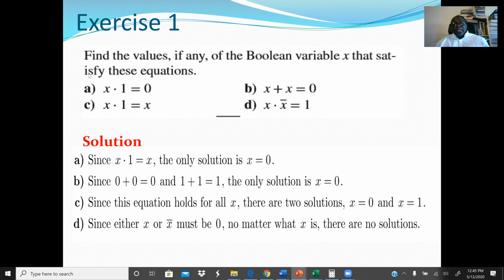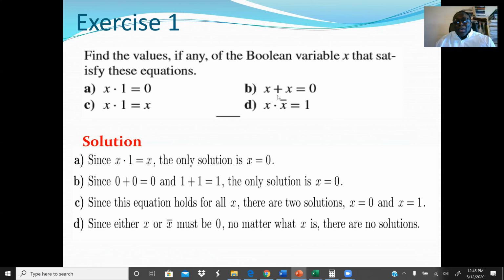Because x times 1 depends on x: if x is 0, then 0 times 1 is 0. If x is 1, 1 times 1 is 1. Since x times 1 is x, the only solution is x equal to 0.